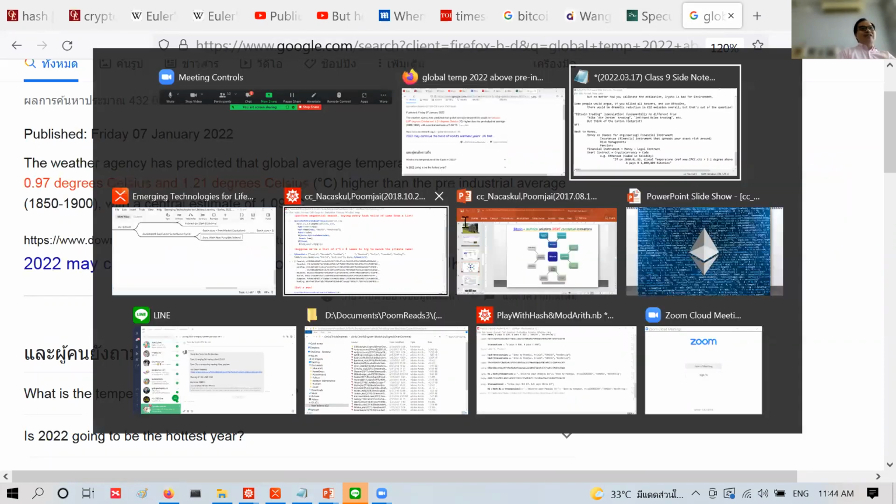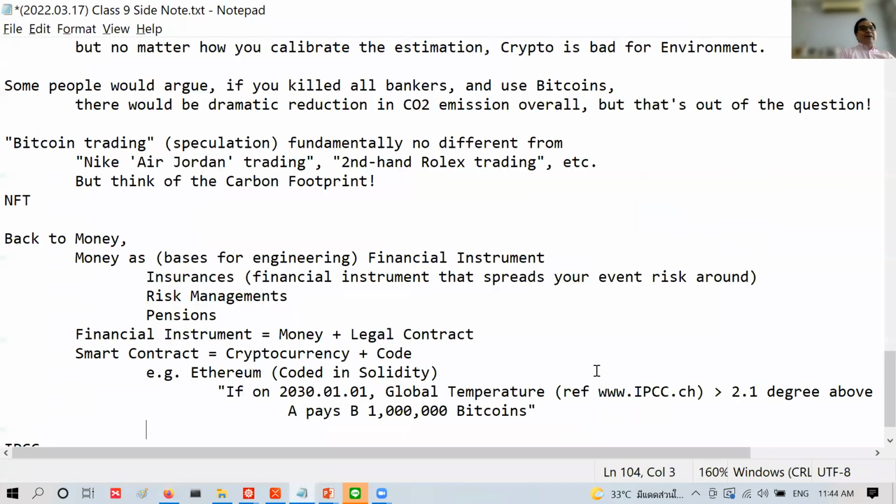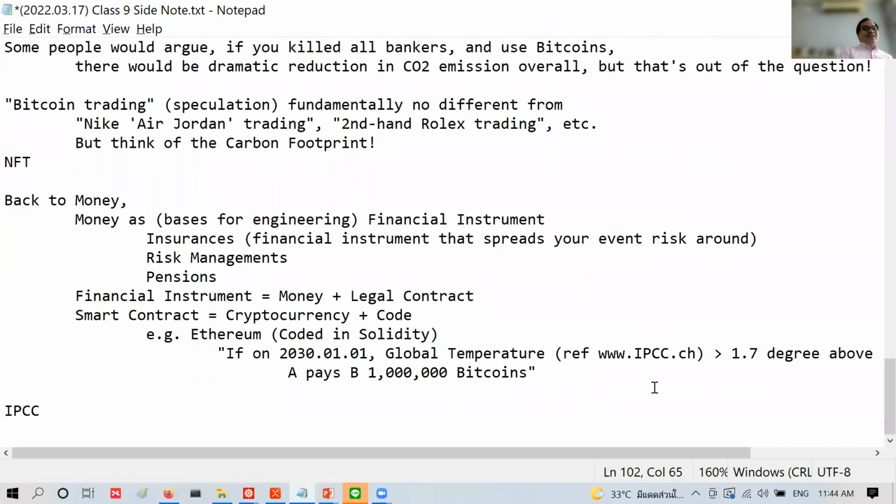So 2 is a terrible number. Maybe society would collapse by then. So let's say something like 1.7. That's terrible already. That's near collapse already.